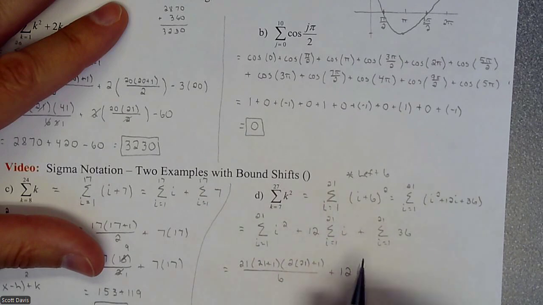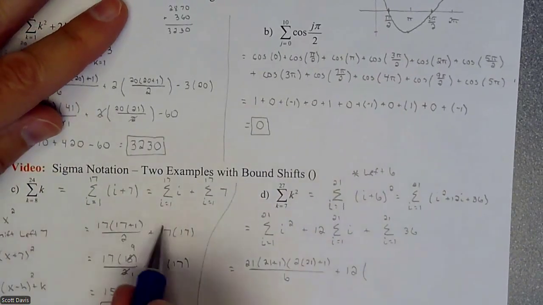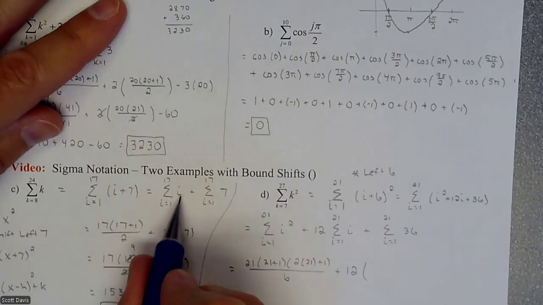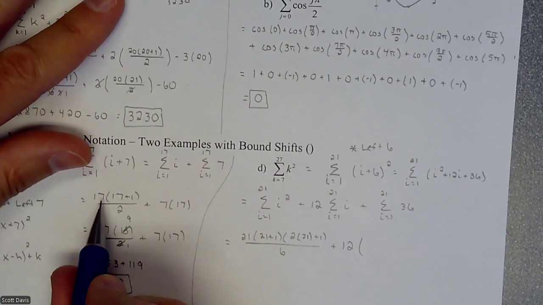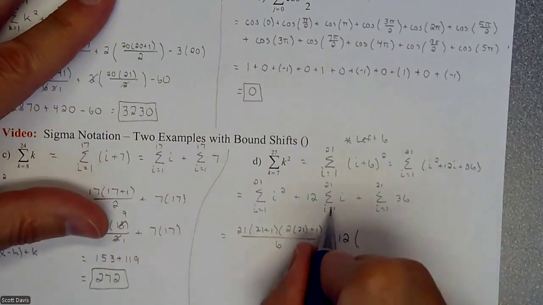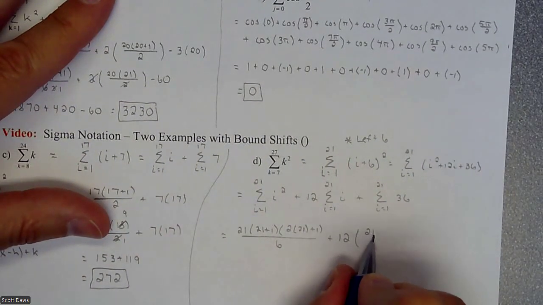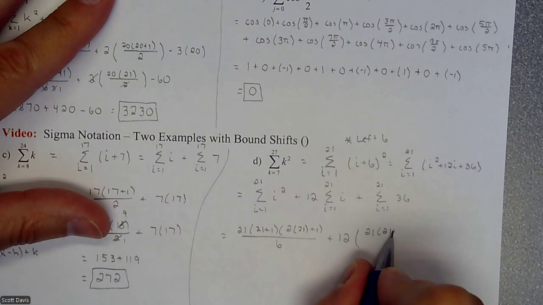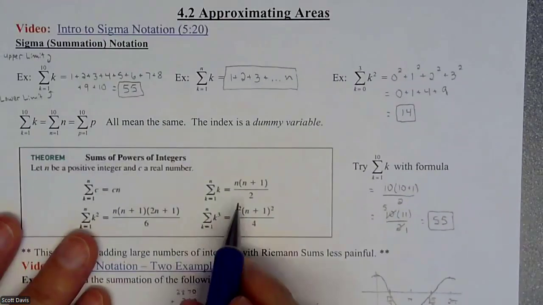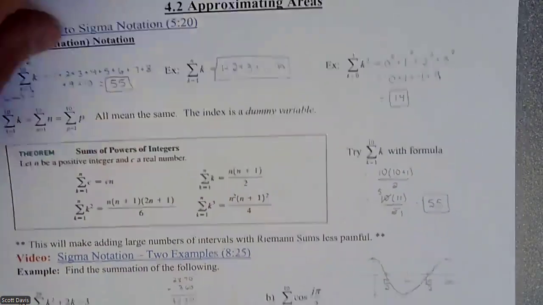And then I'm going to have my formula again, similar to what we had on this one. So I have my n, which is 21, and then n plus 1 divided by 2. And so I'm just applying that formula right there.